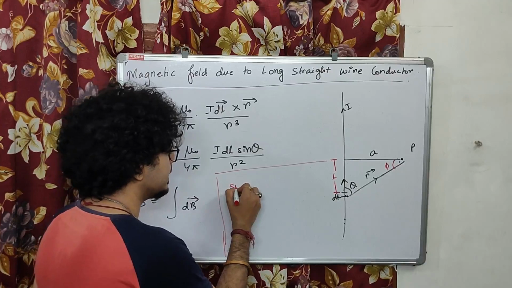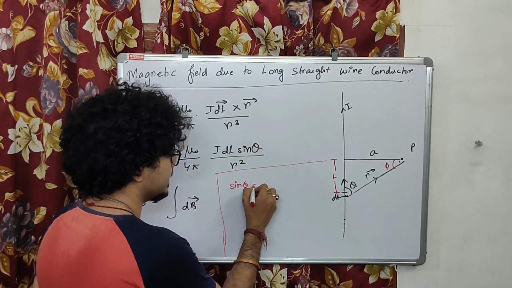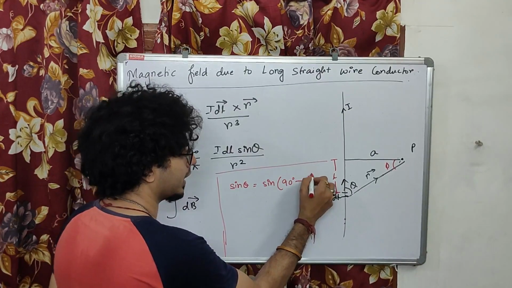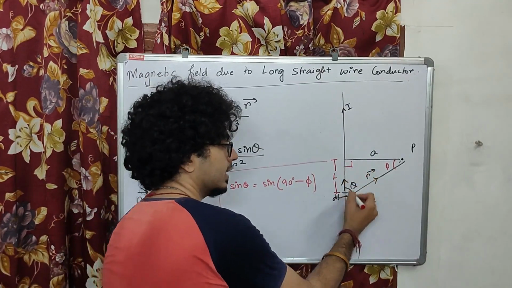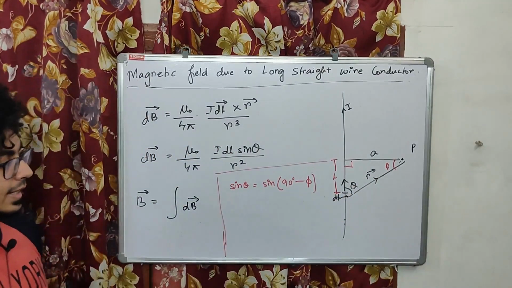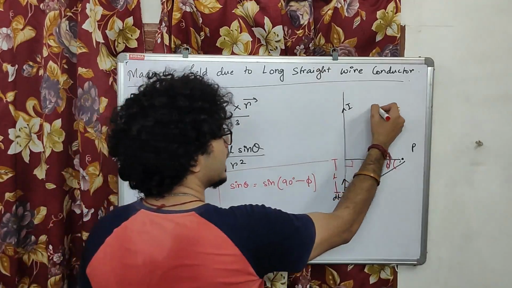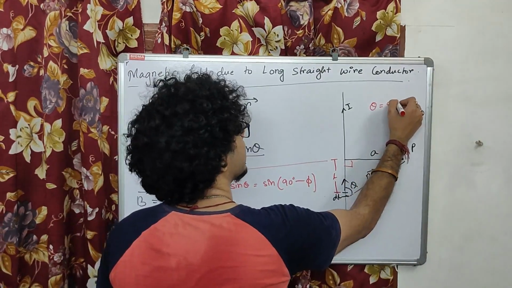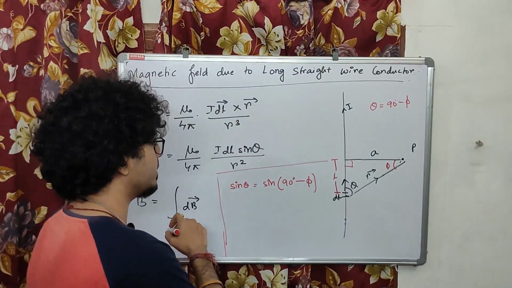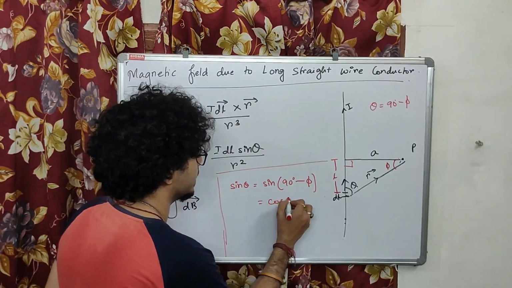See, sine theta can be written as sine of 90 minus phi. Why? Because this is 90 and this is theta, this is phi. That means theta can be written as 90 minus phi. Got it? So when theta is 90 minus phi, sine theta becomes cos phi.